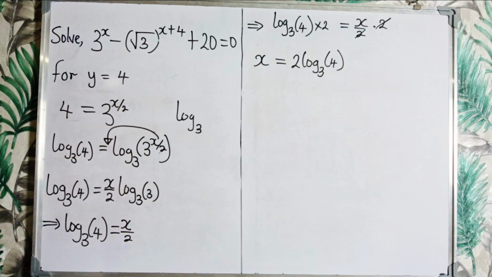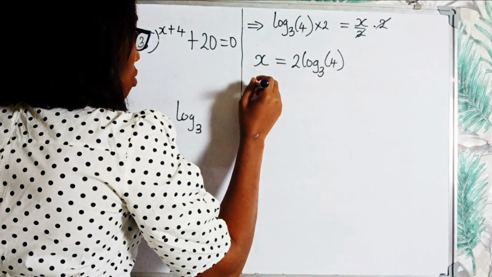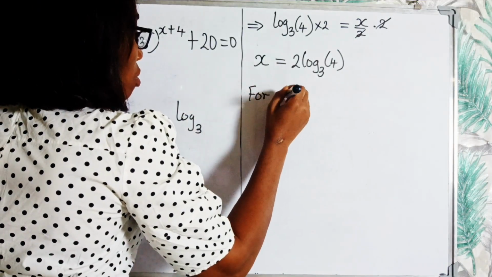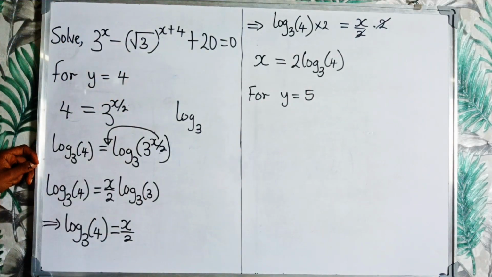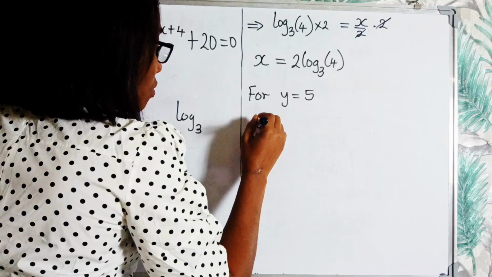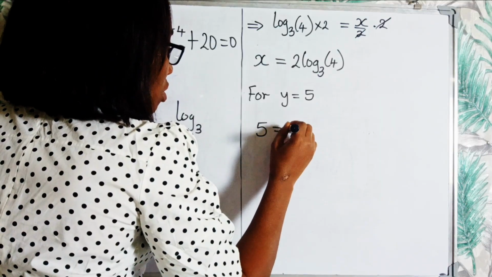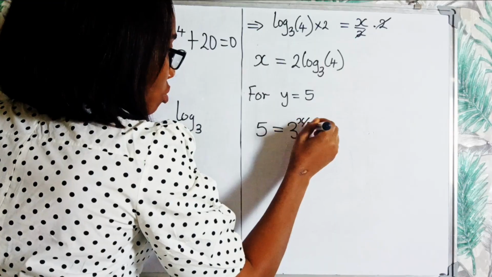Now let's go on and solve for the second value of x. For y equals 5, remember the second value of y was 5, we have 5 is equal to 3 raised to power x over 2.